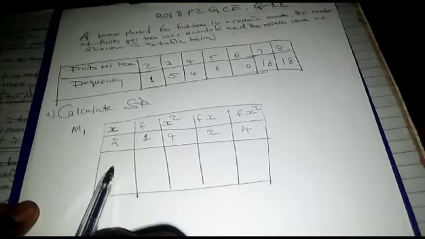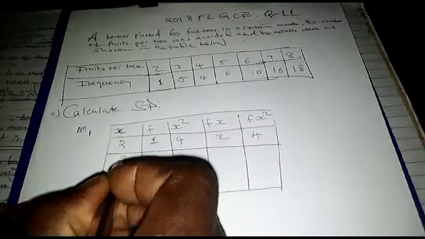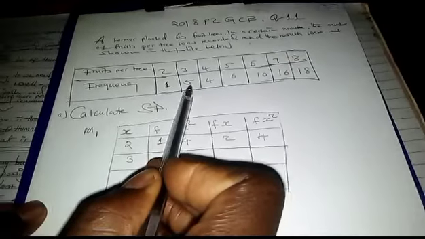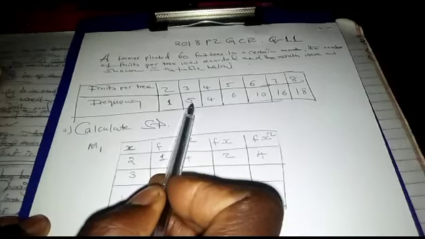As for the second one, we pick the midpoint, which is 3 here. So we're going to write it here. Then what is its frequency? So its frequency is 5. We're going to pick this 5 here.